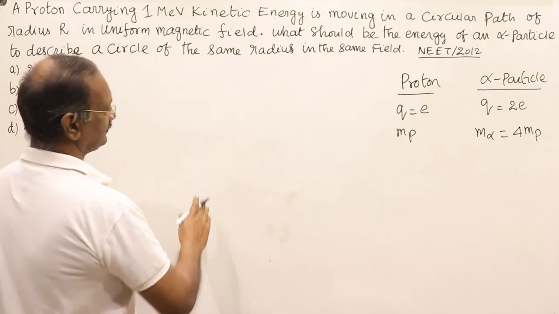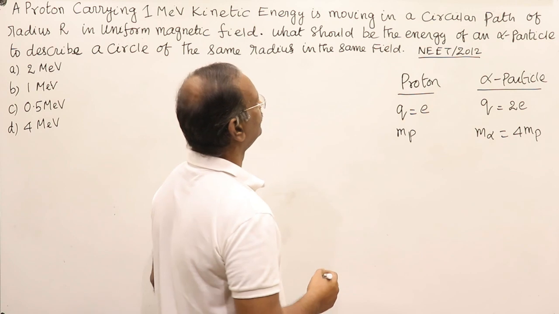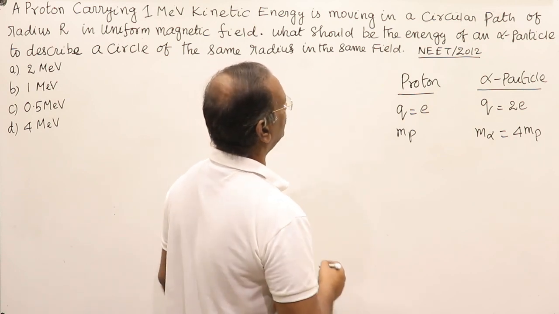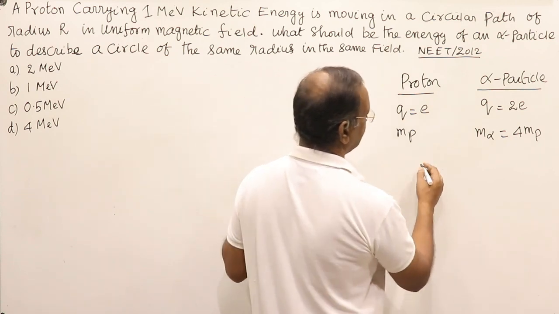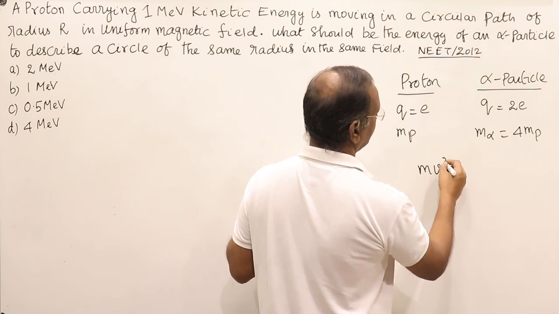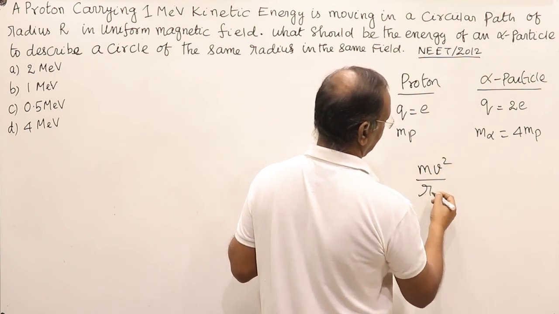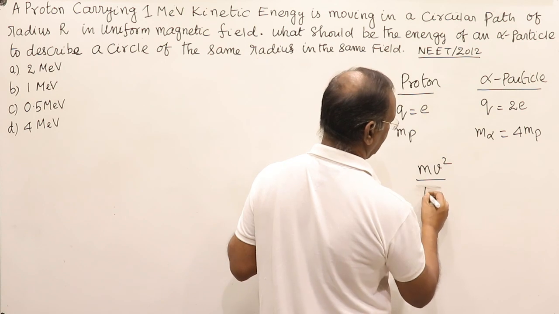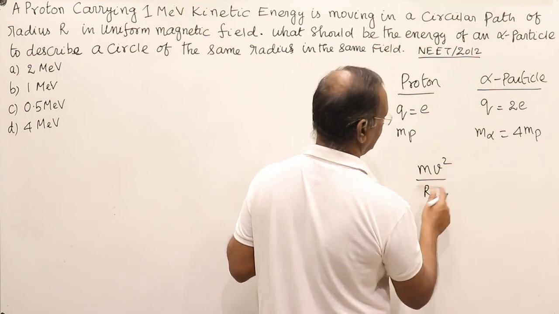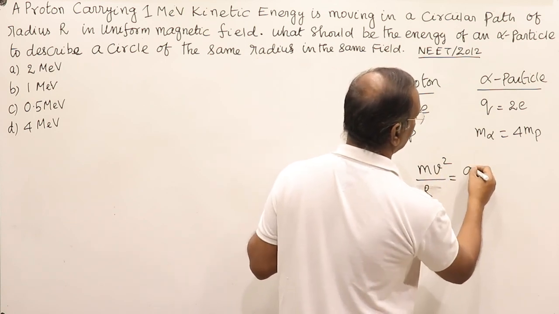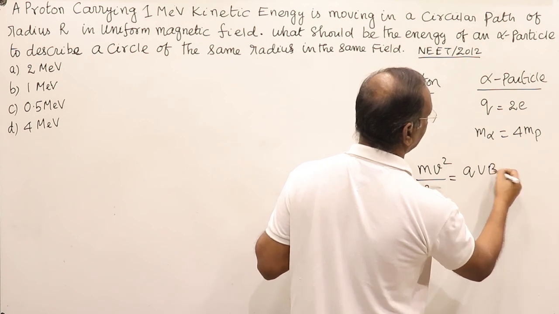We know that if a particle is moving in a circular path, then the centripetal force, mv squared by r, where m is mass, v is velocity and r is the radius of the orbit, is equal to qvB sin theta.